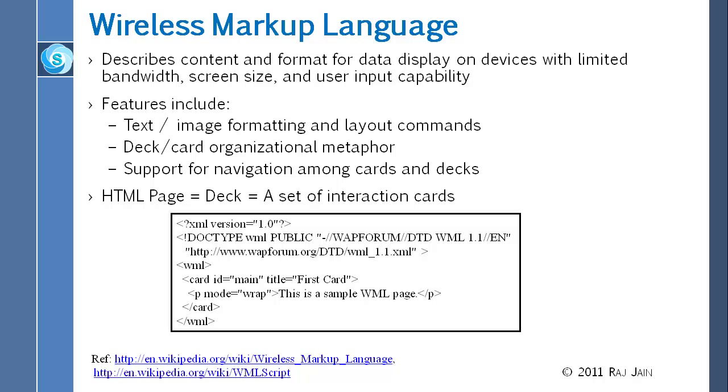Now the card, as you said, is that the WAP pages look like a deck of cards, one behind the other, and each of these is a card. So this is the beginning of a card, end of a card, and this is the beginning of the next card. And then you can flip back and forth between the cards, which is similar to tabs, or you can think about windows even.